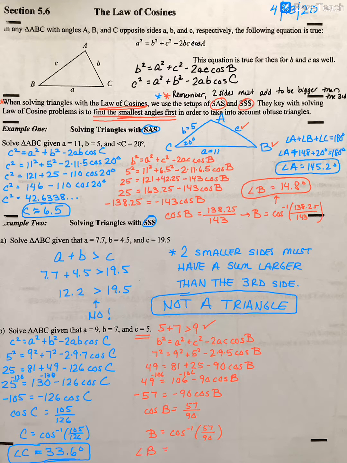And put it in the calculator. So cosine inverse, 57 divided by 90. My calculator says 50.70351976, which rounded to 1 decimal place is 50.7 degrees. And we've got 2 of our 3 answers. The last piece we need is angle A. How do we find angle A?